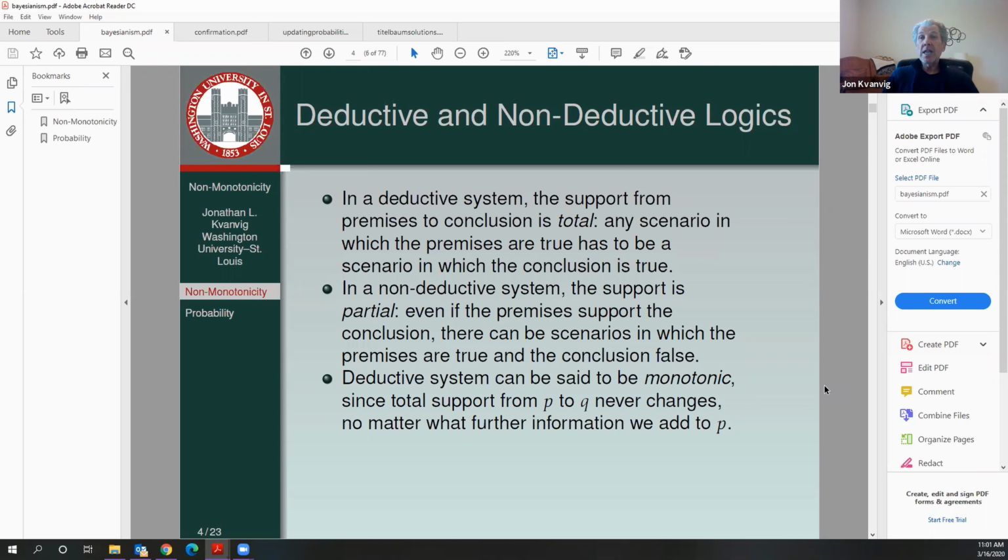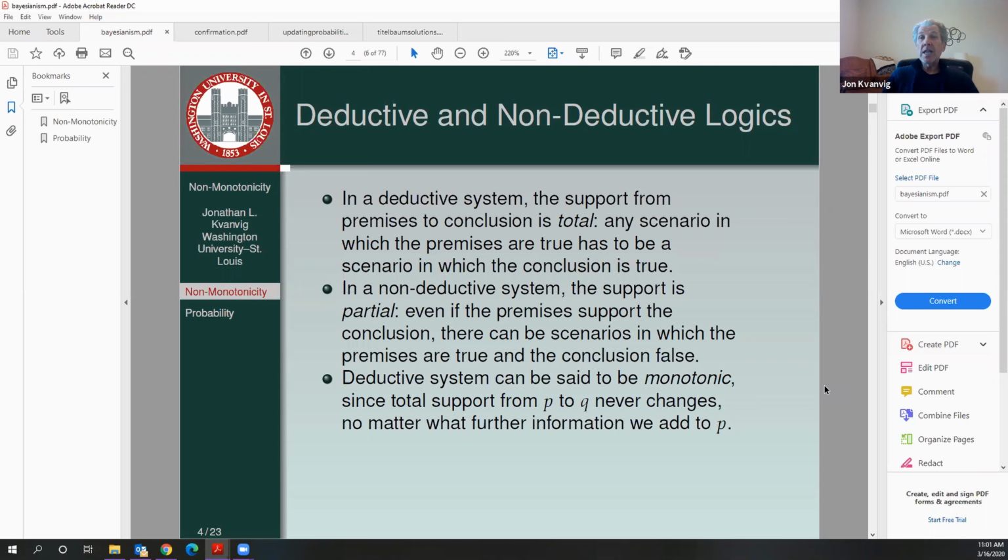And that remains true even if you learn the opposite of P. Because remember, from P and not P, absolutely everything follows. You can prove anything you want from a contradiction in 2 steps. So the support never changes.